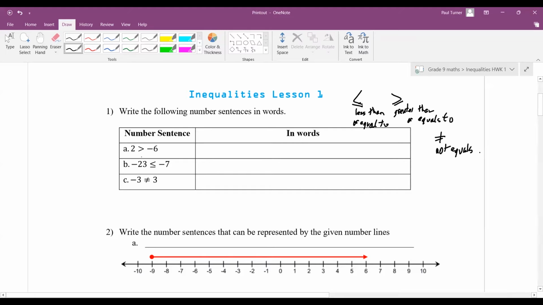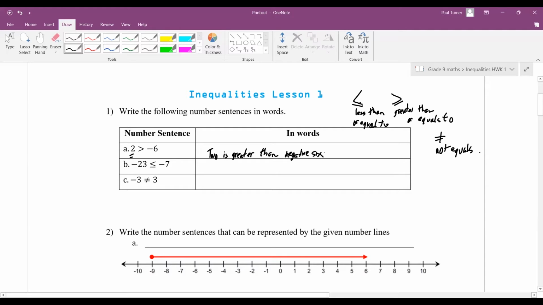Okay, so in the first one, we can see 2 is greater than -6. So we would write 2 is greater than, or more than, up to you, -6. Like that.